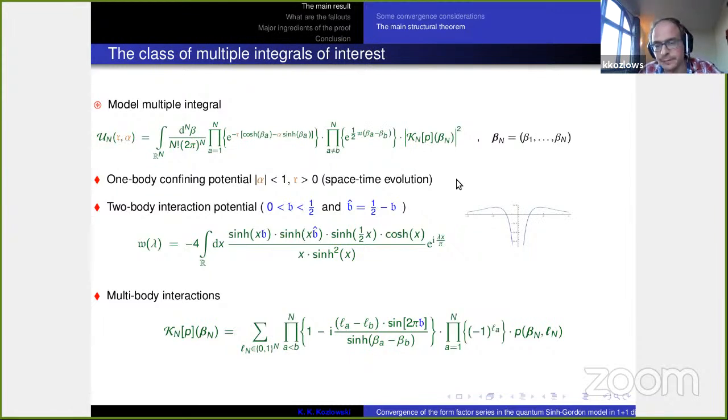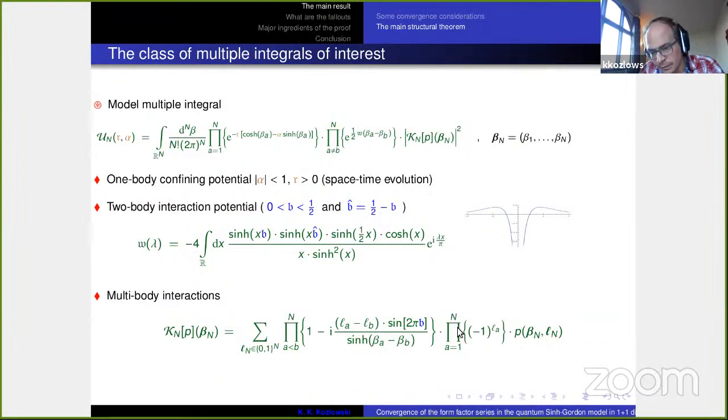And finally, there is this third component of the integral, which really corresponds to a non-trivial coupling between all integration variables. It's given by the modulus square of a function K_n of p, depending on all the integration variables. And this multi-body interaction is given by a combinatorial sum. So first, one sums over vectors l_n, with components l_a being equal to 0 or 1.